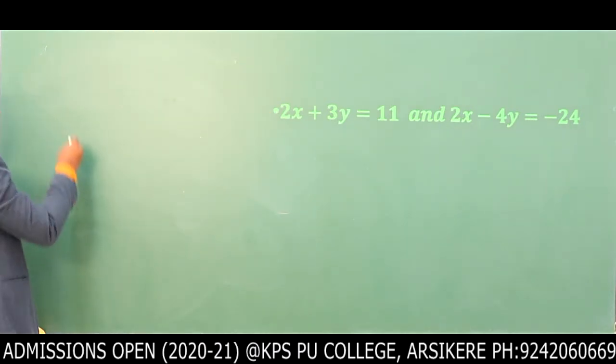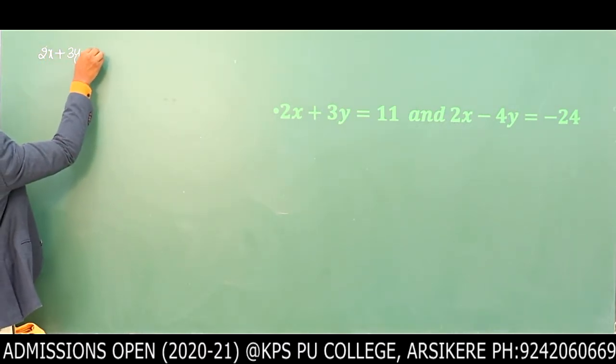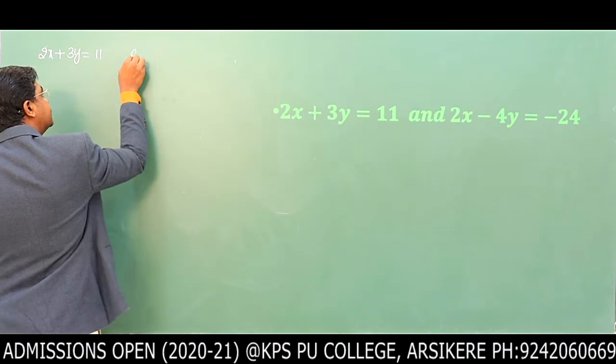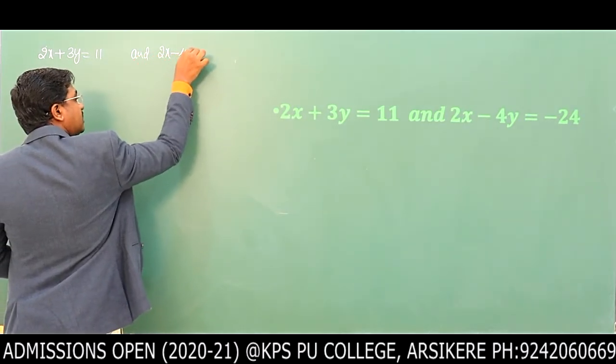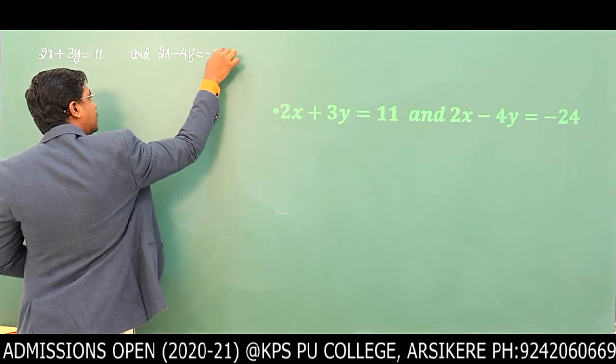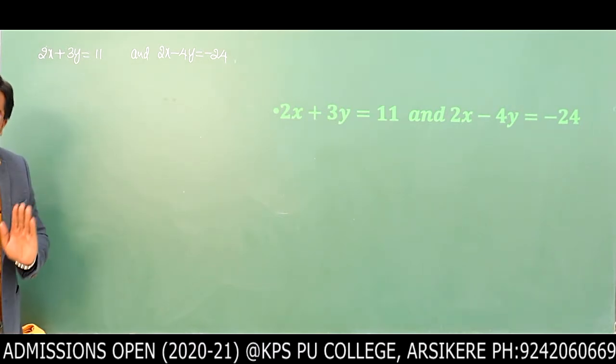Now discuss here how to find the values of x and y using the substitution method. Just observe, what is the first equation in the problem? 2x plus 3y is equal to 11, and the second equation is 2x minus 4y is equal to minus 24. Is there any coefficient of x or y that is common here?